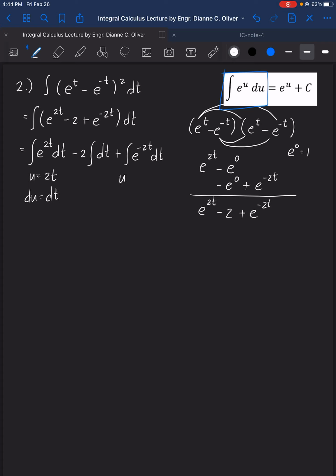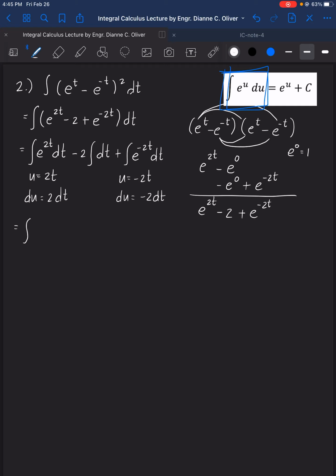If we let u be equal to negative 2t here, du becomes negative 2 dt. Then the middle one here becomes a power formula. So let's use the pattern.